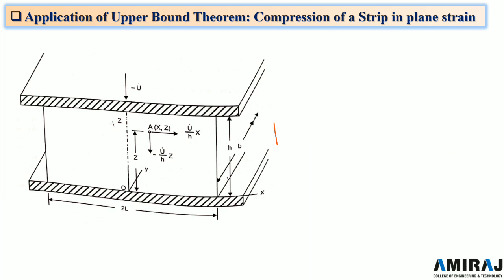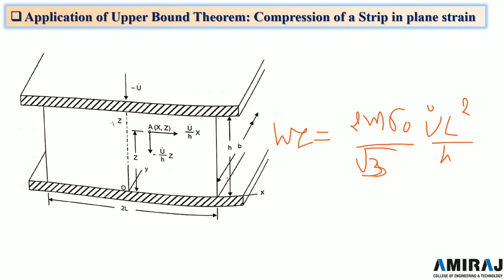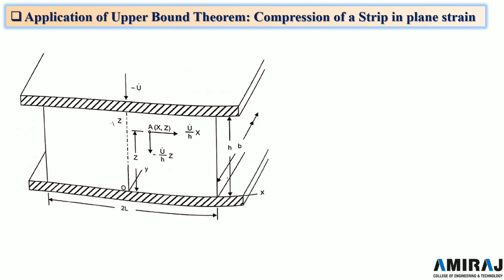The magnitude can be written as W_F equal to 2 times m sigma 0 by root 3, after putting the value, U L square by H into B. The third term in the present case is 0 because no boundary forces are applied on the slip face of the strip. The rate of power by the press is given by J dot equal to P into U dot, where P is the press load.